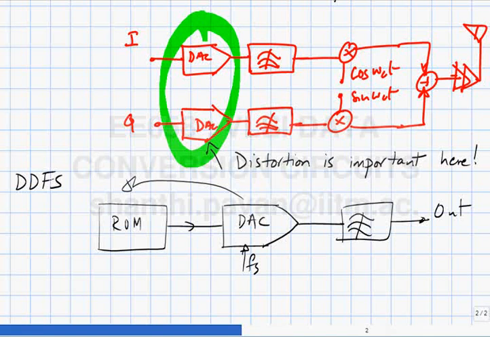Because everything is quite modular and it's all digital, this can be done in an FPGA, and then you just buy one good DAC and you're all set. Today, if you go to the Analog Devices website, you will see that they will sell you a 14 or 15-bit DAC running at more than 1.5 gigasamples per second.